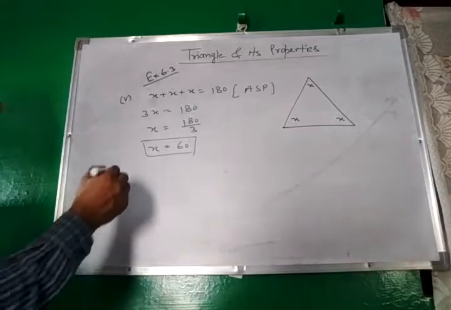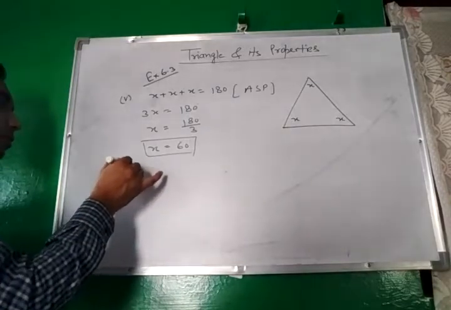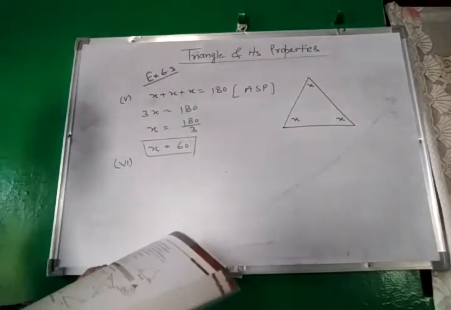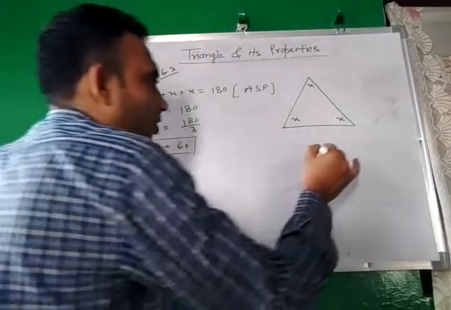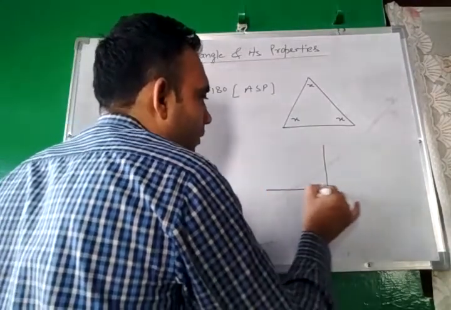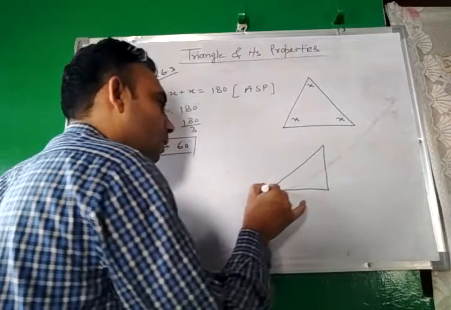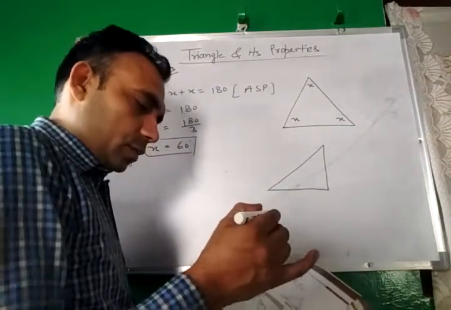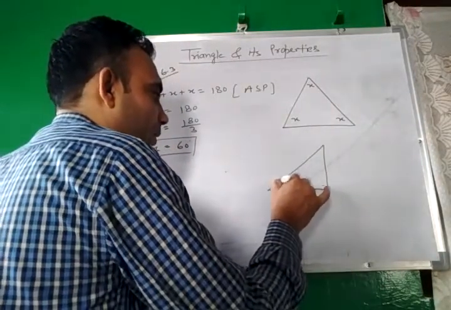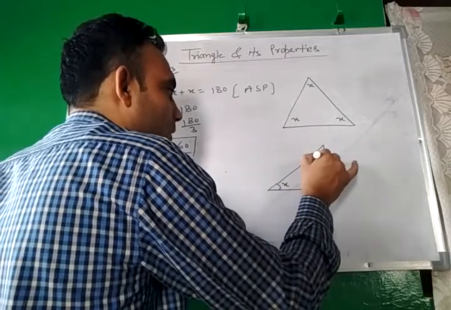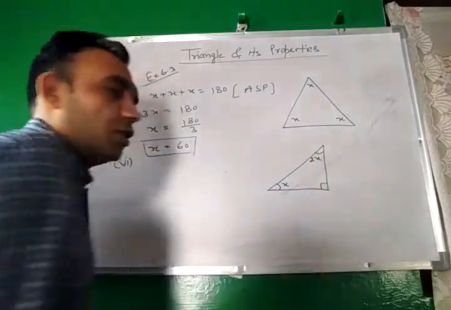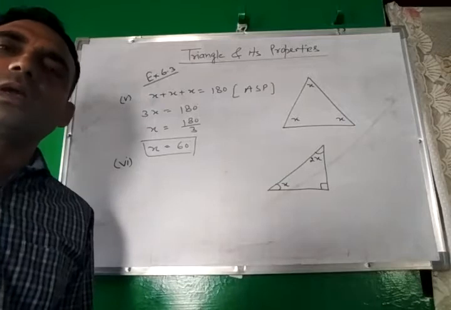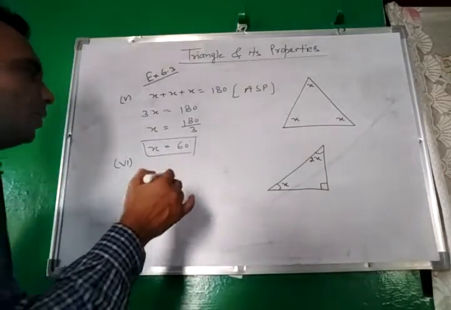Same for part number 6. Given a right triangle, this is x, this is 2x, and this angle is 90 degrees. This is the symbol of perpendicular, so the angle is 90 degrees.